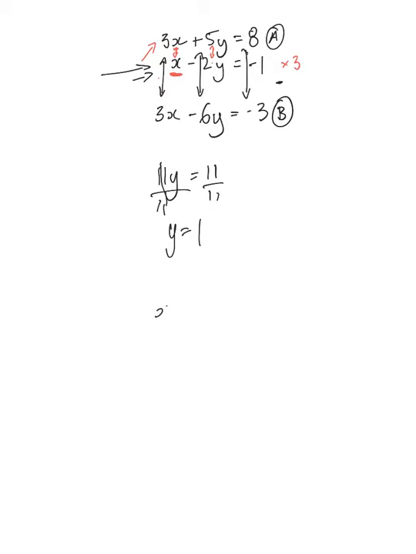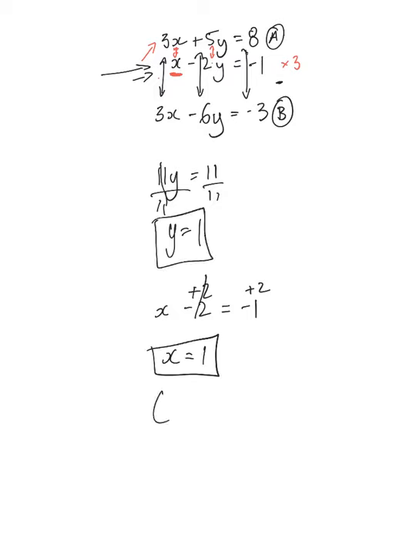So you're going to have x minus, and it's -2 times 1, so it's just -2, equals -1. Now we're just going to solve for x. So add the 2, x equals 1. Cool, so we've got our two answers: x is 1 and y is 1.